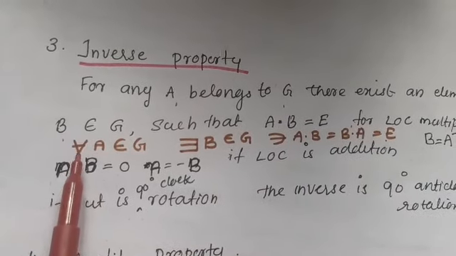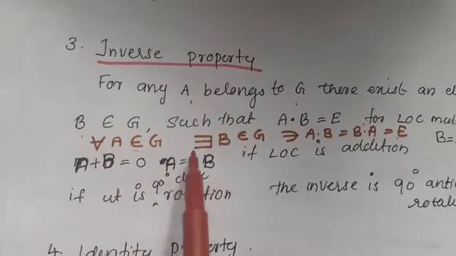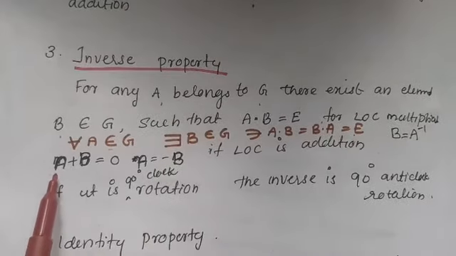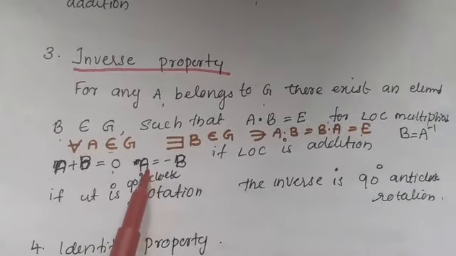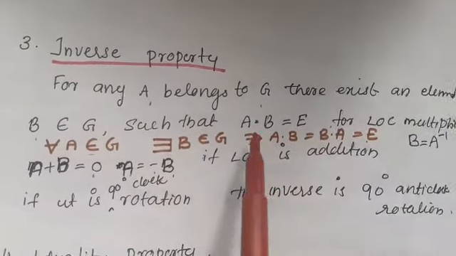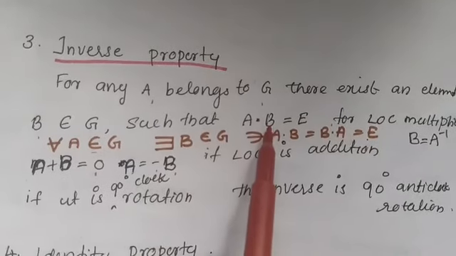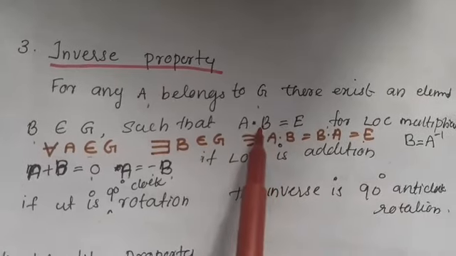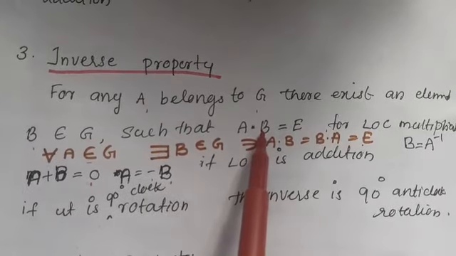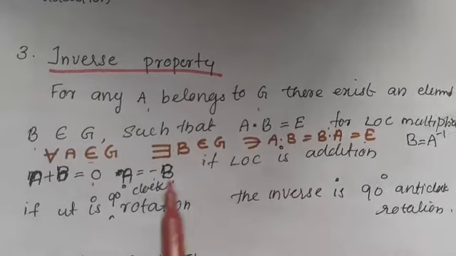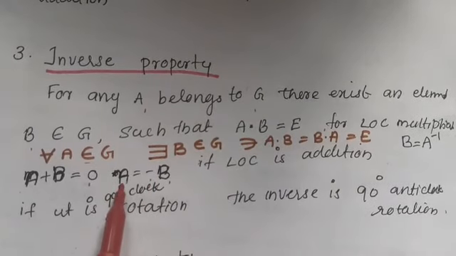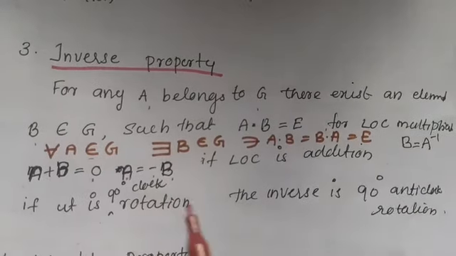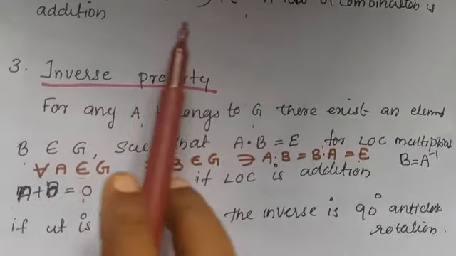We can symbolically write it like this. If the law of combination is addition, A plus B is equal to 0, or A is equal to minus B. Here A dot B is equal to E, and E is known as the identity element. So in this case B is equal to A inverse. Here B is equal to minus A, or A is equal to minus B. This is known as the inverse property.